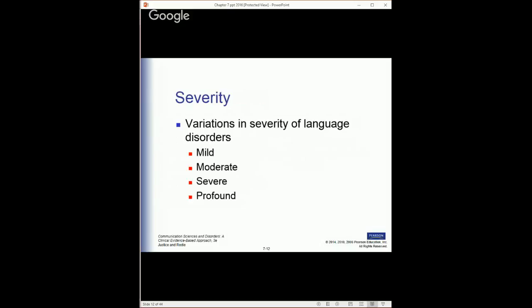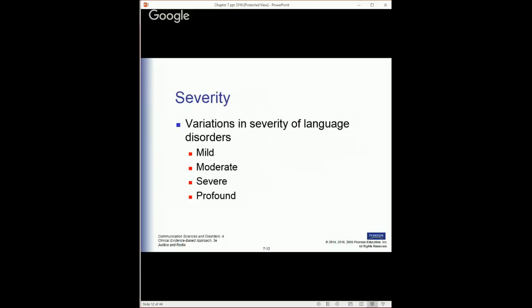A moderate disorder or impairment typically will require the child to have some sort of accommodations to perform in social and academic settings and require ongoing intervention by a specialist to improve language skills. If a child didn't receive those interventions, there's a good possibility that they would continue to fall further behind their peers in key language areas.